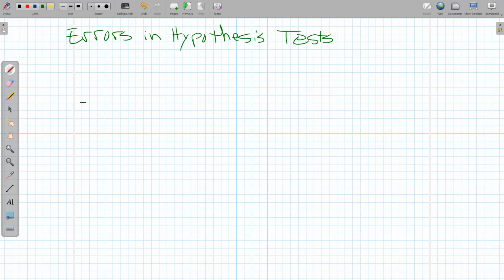All right, so when we're doing a hypothesis test, we have to make some kind of decision. And the decision is either going to be fail to reject the null, or the decision is going to be reject the null.